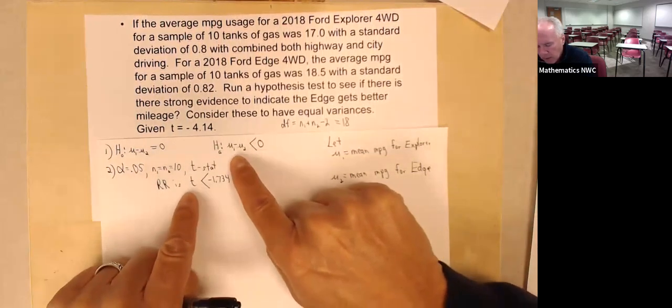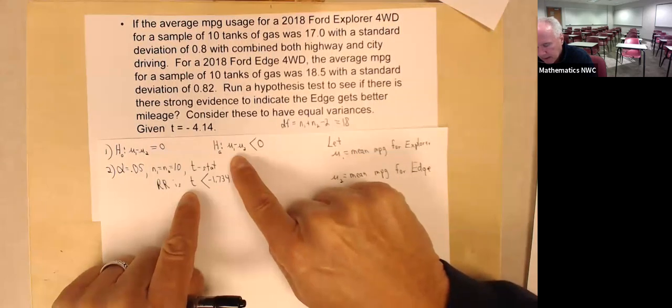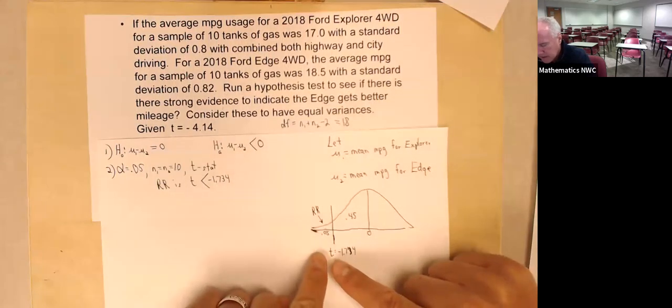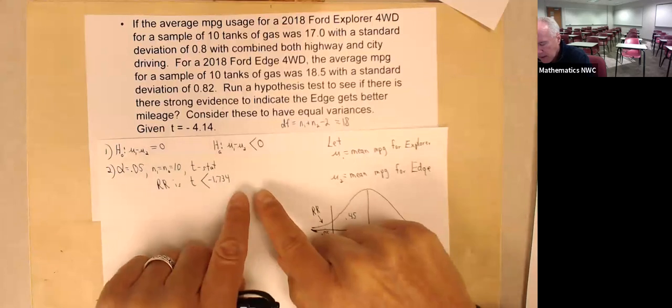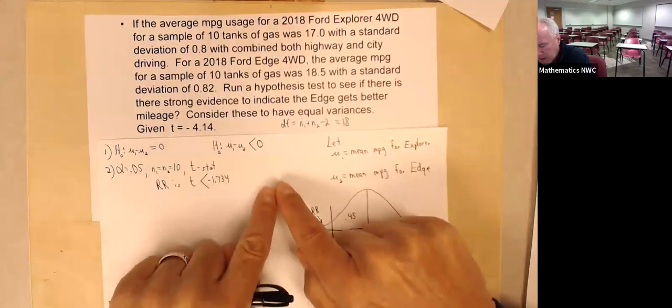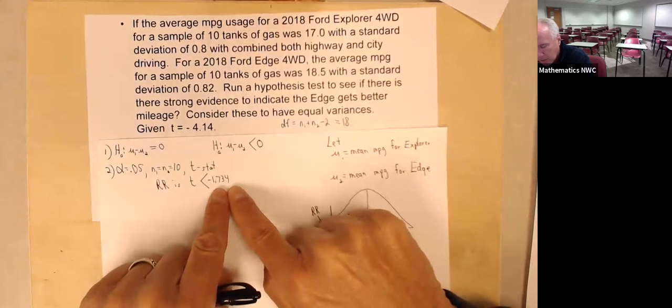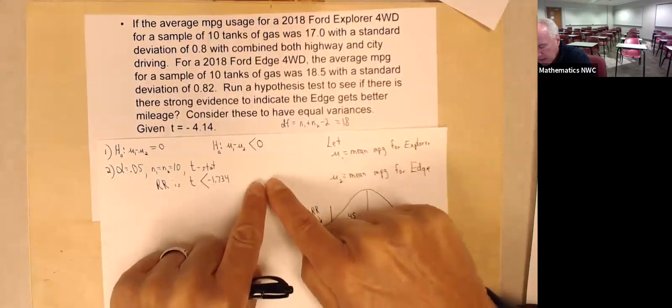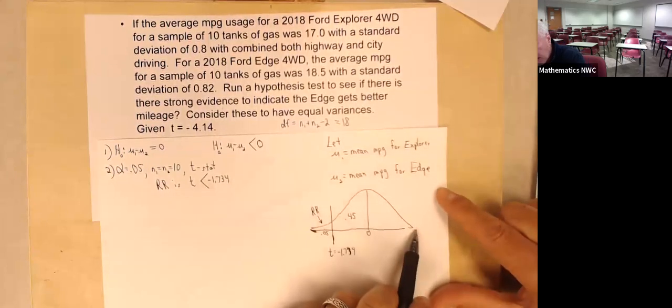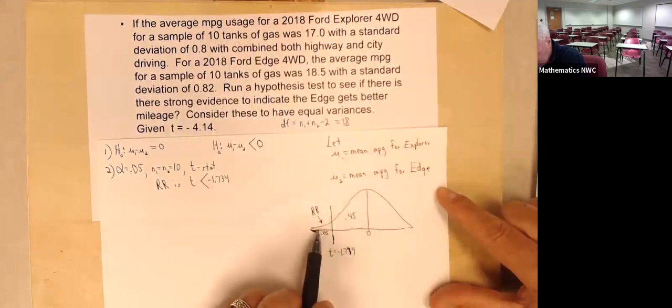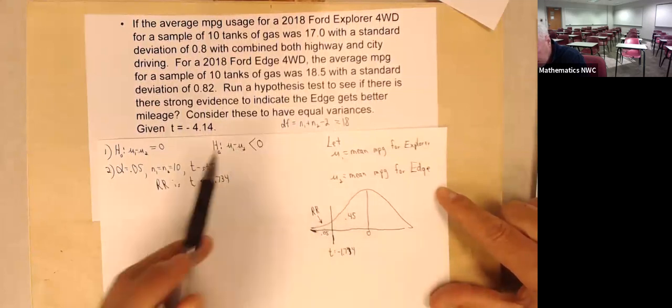These must both be on the left side to be consistent. A common mistake right here, people would have put t greater than a positive 1.734. That would have been over here. I needed to see if it was on this side. It's because of how we set up the difference.